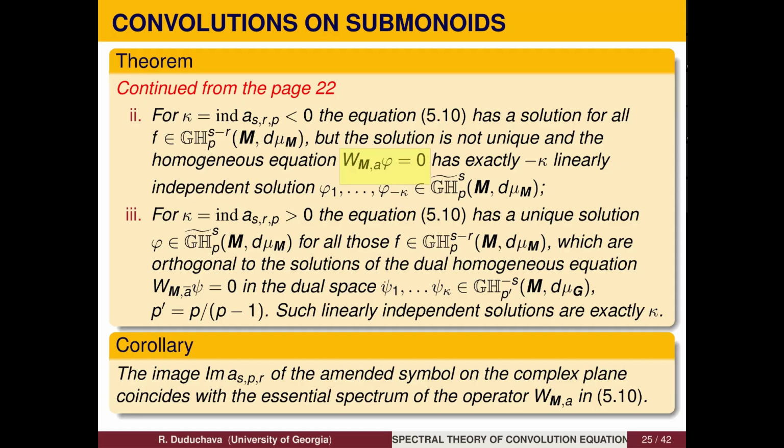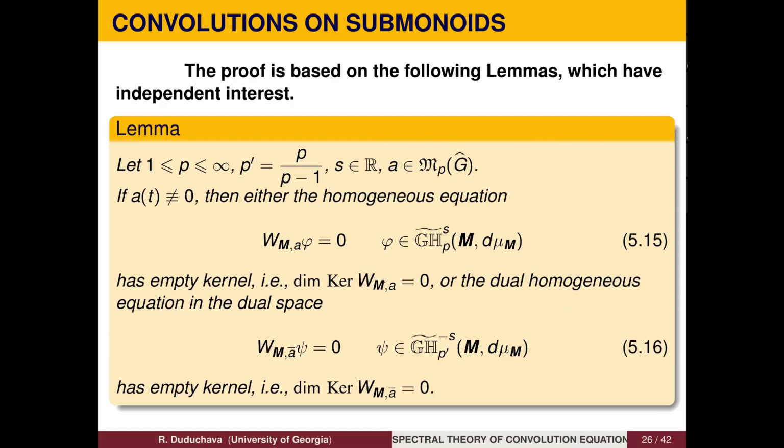I mean, if the symbol becomes 0, the operator cannot be Fredholm. And the spectrum can also be defined. It also includes the domains inside this curve where the index is not 0. Then it belongs to the spectrum. The spectrum and the essential spectrum are described completely in this case.